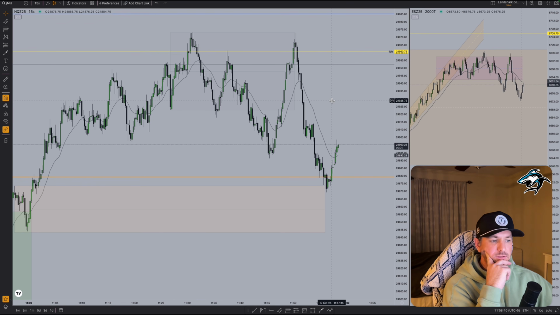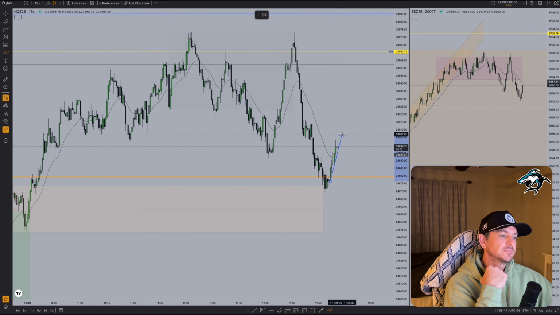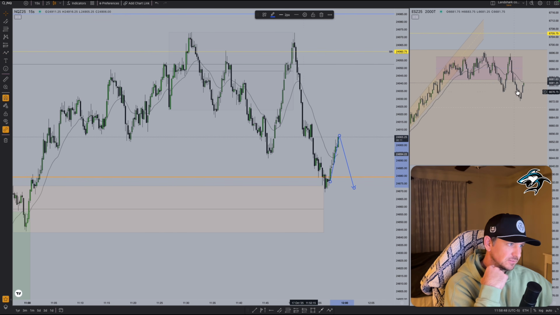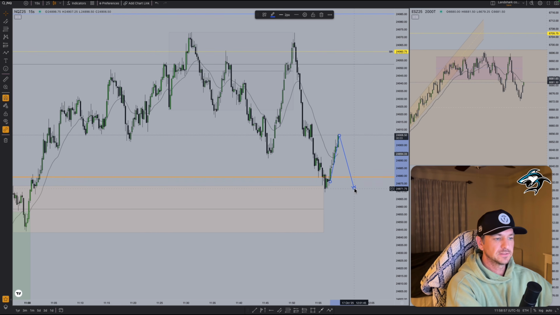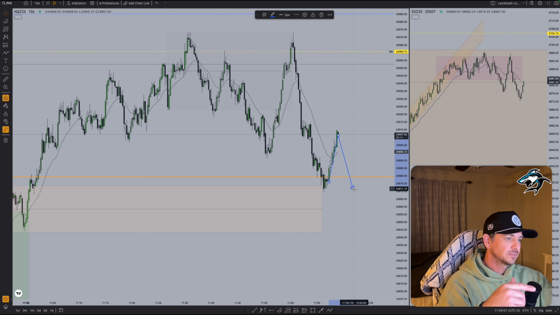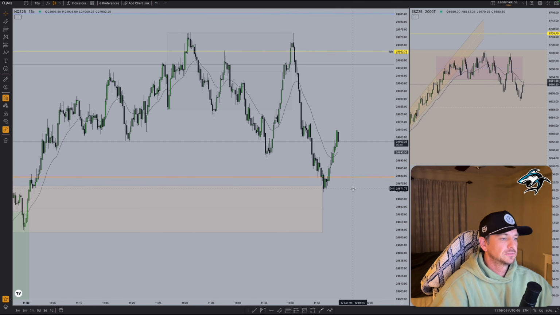Well, we could probably see something like this. Again, like I said, if this is the true breakout, we will see a retest and breakdown continuation. So I don't want to give up anything that I've got in the bank, crossing my fingers that we take the high. We're scalping.